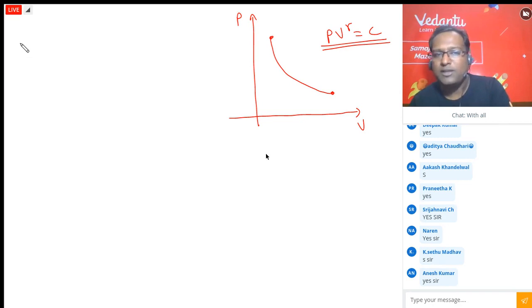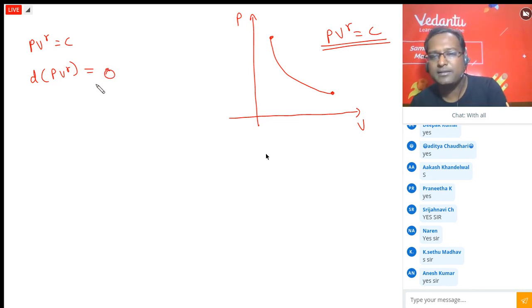Now, what will be the slope at any point in this graph? I mean dP by dV at any point in this graph. So the governing equation is this. I now start differentiating it. Differentiation of a constant is zero, right? Physics students have studied differentiation by parts.